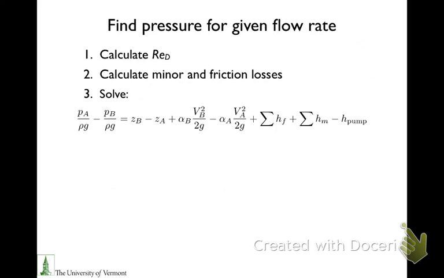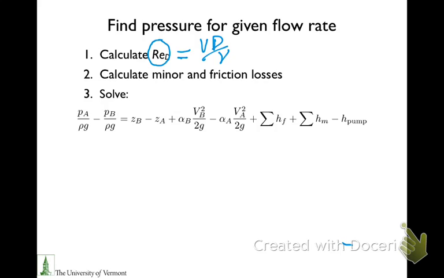The simplest case is when the flow rate is given, but you're looking for the pressure difference between point A and point B. Since the flow rate is given, you can calculate exactly your Reynolds number, which is equal to Vd over nu.